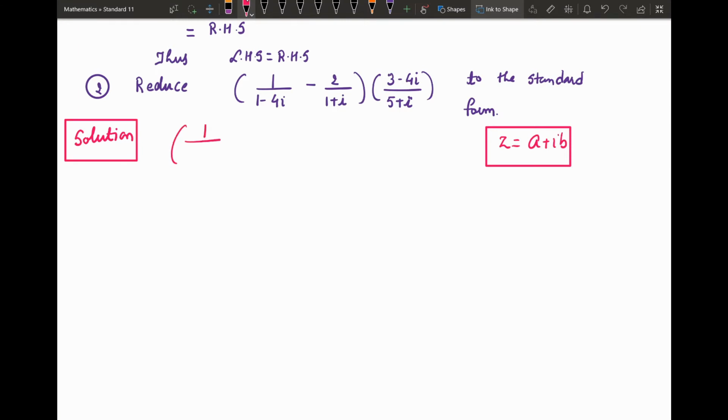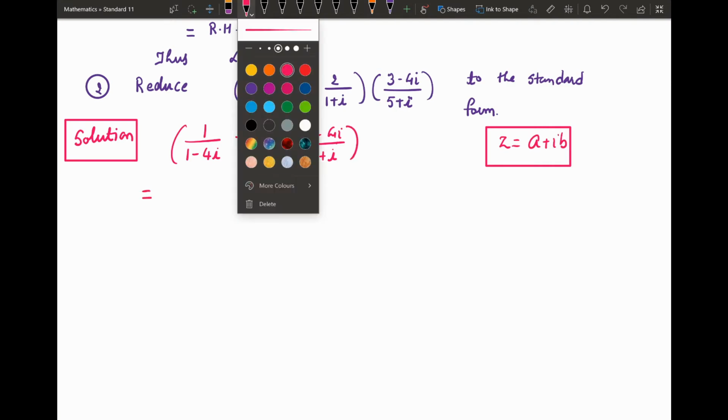One upon 1 minus 4i minus 2 upon 1 plus i into (3 minus 4i) upon 5 plus i.